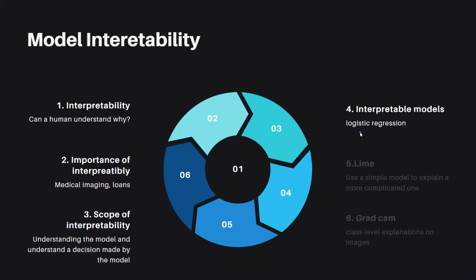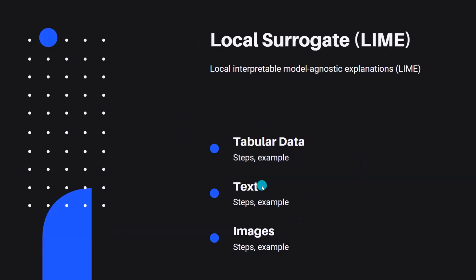Now for the rest of this lecture, we're going to speak about two algorithms which are very widely used for interpretation of neural networks in general, which are LIME and GradCam. So first we'll speak about LIME.